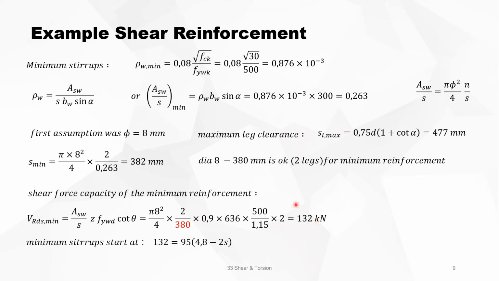And this value, the minimum stirrups, they start at the position S. It is just the general formula for shear. We plug in 132 and we look for S, and it's from 1.7 meters. From that point onwards, you put minimum reinforcement.